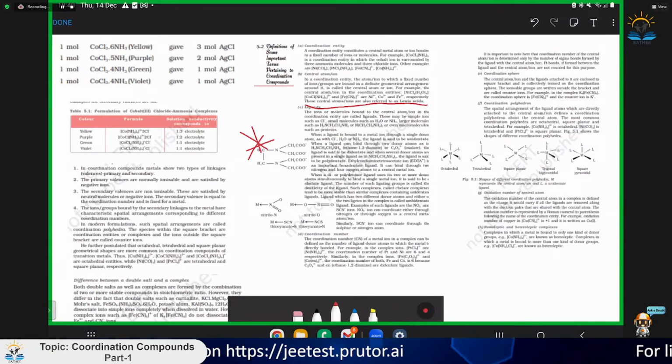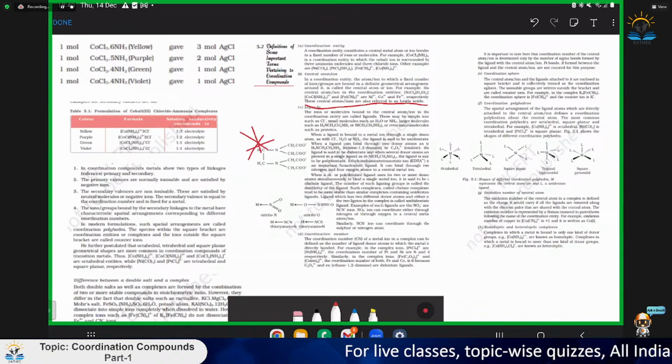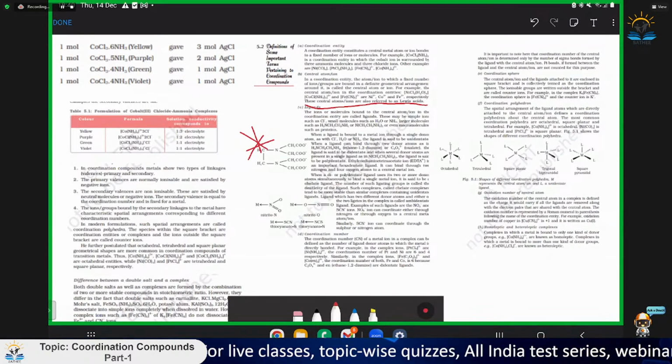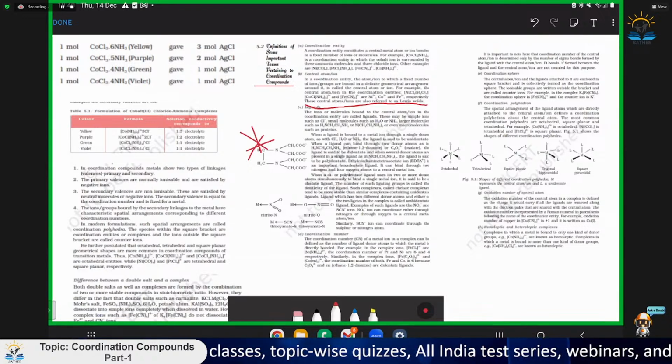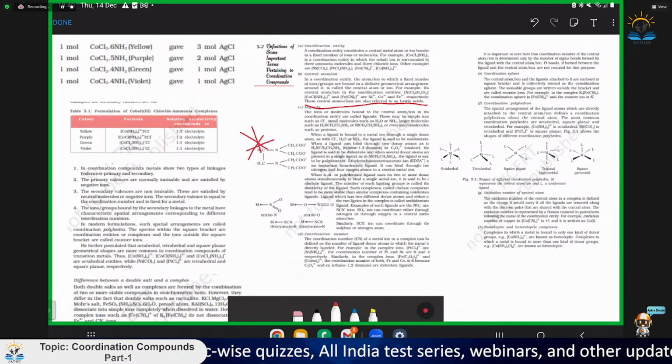Coordination sphere, the square bracket. Okay, coordination entity is the whole thing with the counter ion and everything. Coordination sphere is the square bracket thing. Coordination polyhedron, basically the 3D structure. Oxidation number of the central metal atom, oxidation number based on ligands and overall charge.